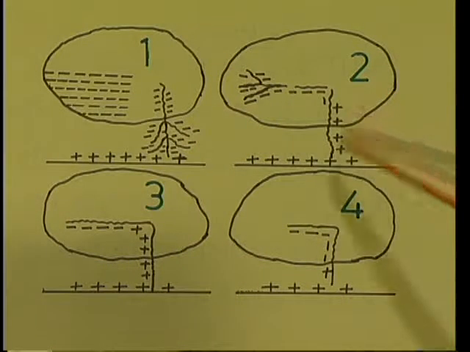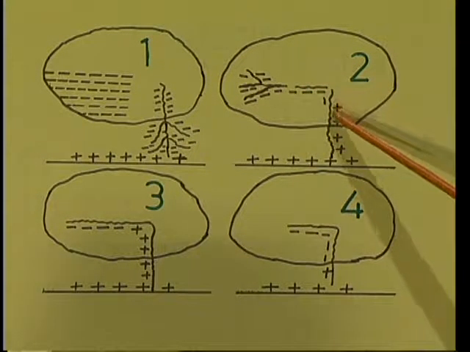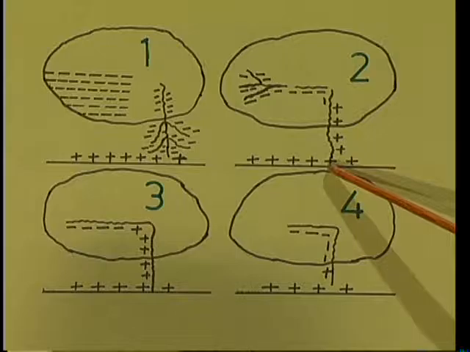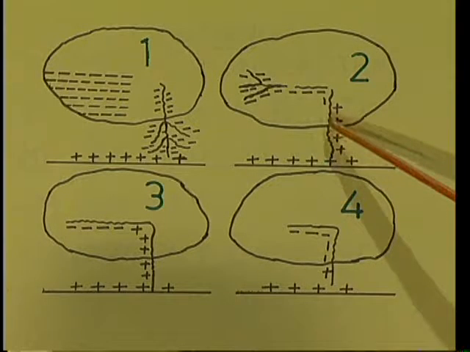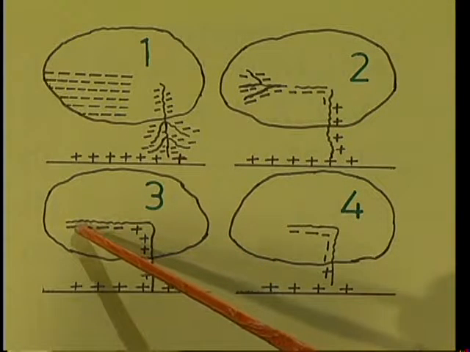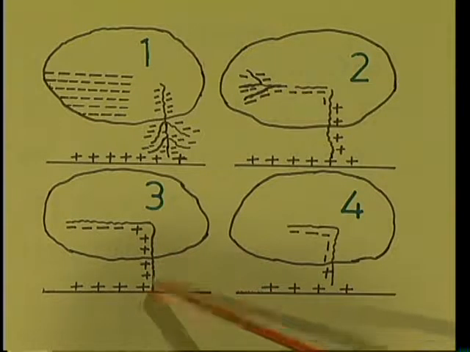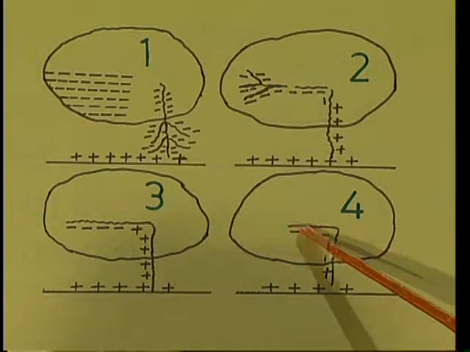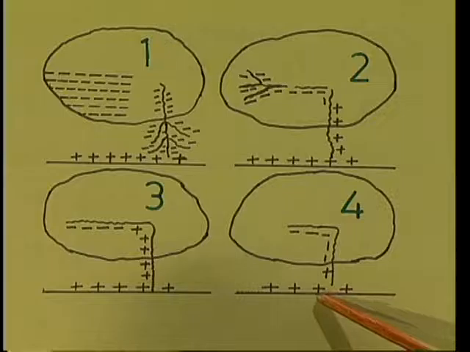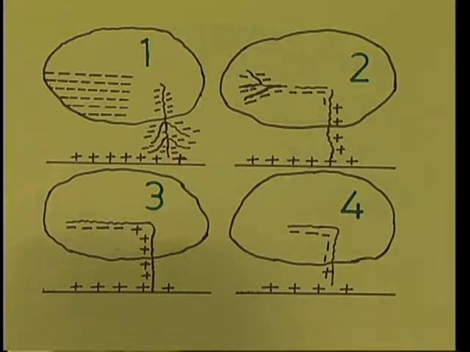So in the second picture, the negative charges all come down to the positive charge and combine with it, and in the third picture, the total negative charges are neutralized by the positive charge.